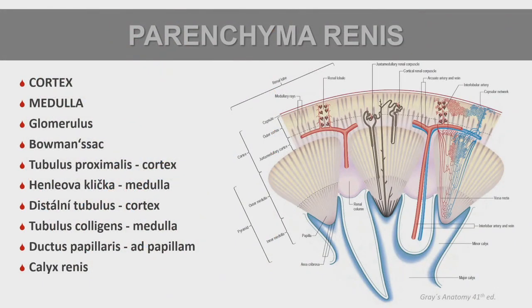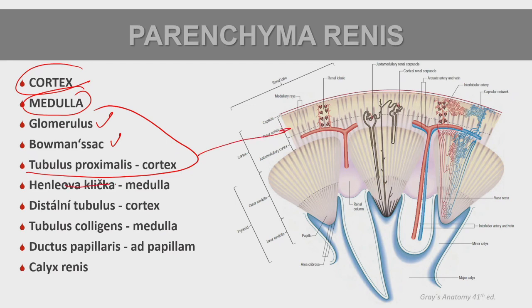So, in the parenchyma renis, we have two main substances, cortex and medulla. Medulla is striped towards the center of the kidney. The stripes are converging to the papilla. The glomerulus, Bowman's capsule, and the proximal tubule are cortical structures.